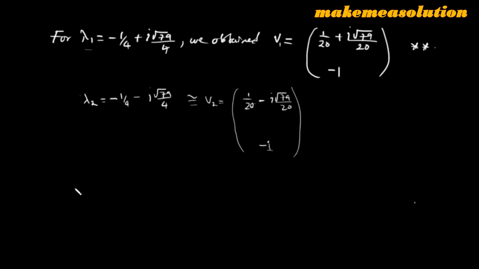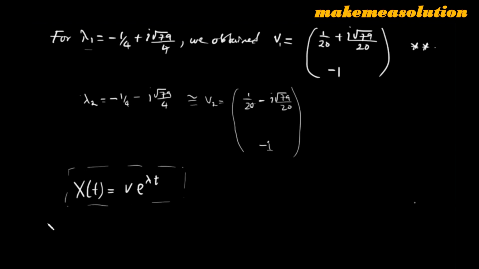Okay, so remember that we have our solution x of t in the form v exponential lambda t. So this is the general form of the solution of our system.